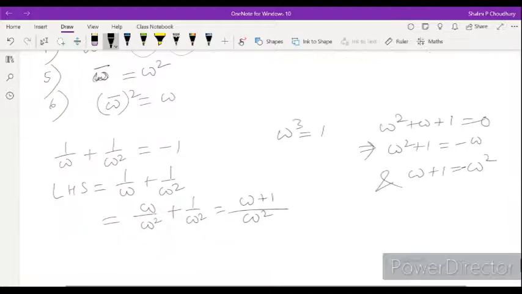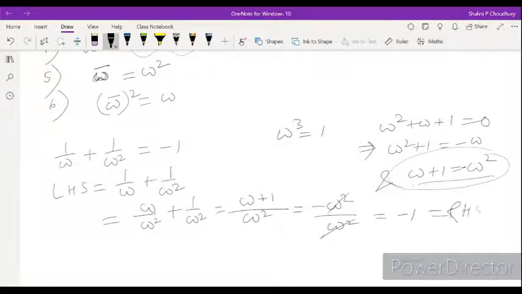And now what is the value of omega plus 1? It is minus omega square divided by omega square. Omega square cancels, it will be equal to -1, that is equal to RHS. Hence proved.